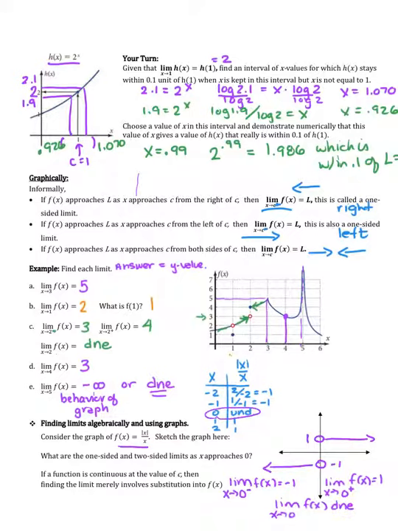Okay, we're going to look at some algebraic problems now. We're going to be taking some limits. If there are no problems, you can just plug in the value. If there's a problem, then you have to use a different strategy. This first one says the limit as x approaches -3 of x over x plus 3.